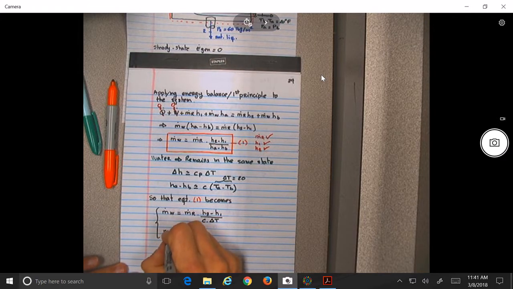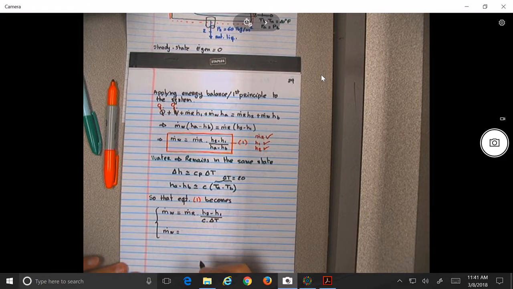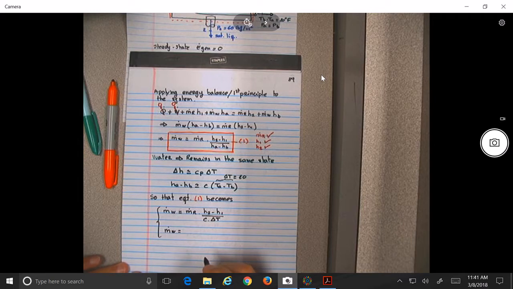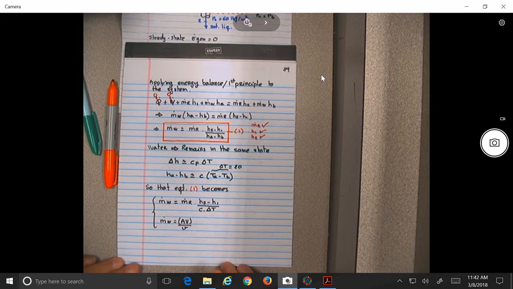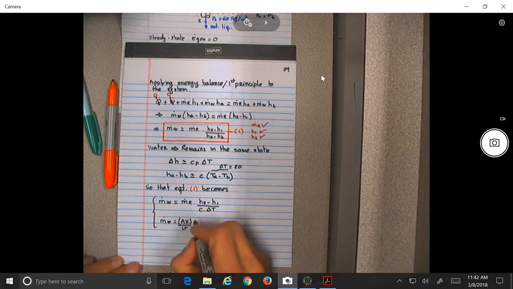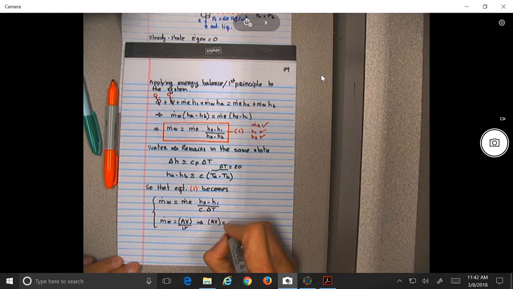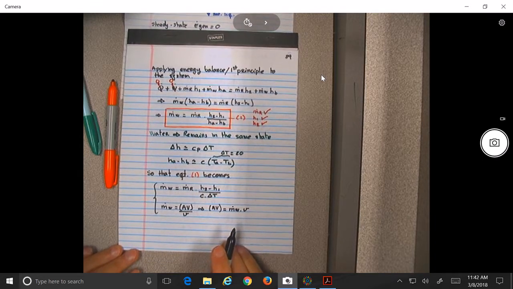Now, by definition, what is the definition of the mass flow? Is volumetric flow rate AV divided by what? Specific volume V, no? Yeah? So from this equation you get that the volumetric flow rate AV is equal to what? Mass flow of water times the specific volume, no?